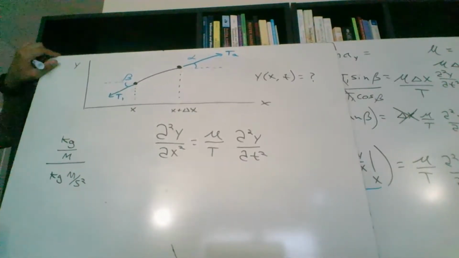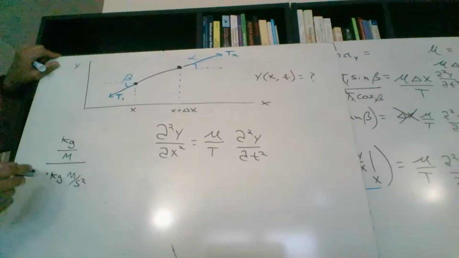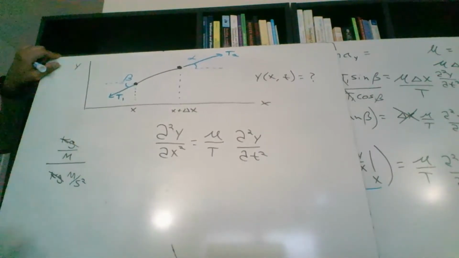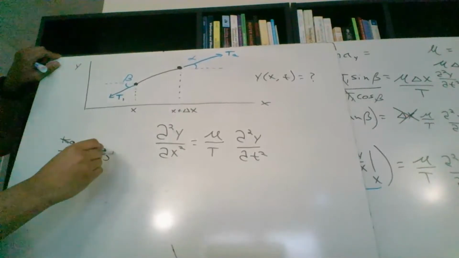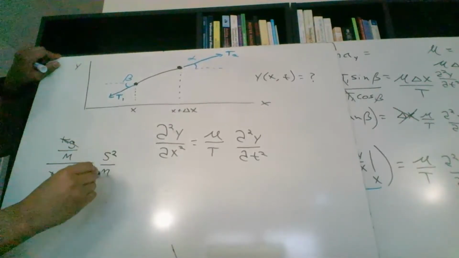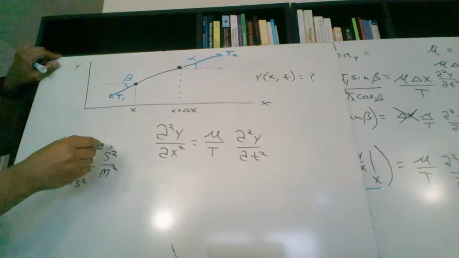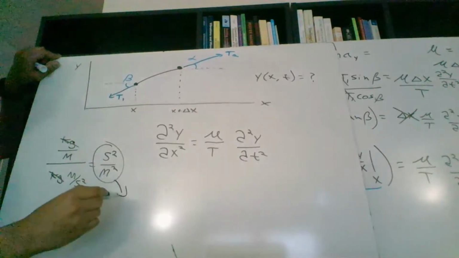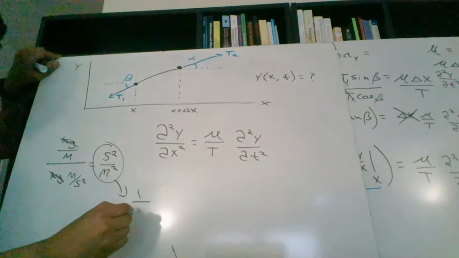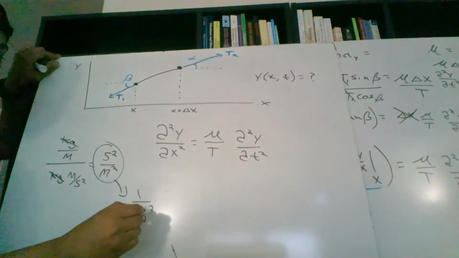So the kilograms cancel out, and the seconds squared goes on top. You have seconds squared over meters squared. And what's this? Seconds squared over meters squared is 1 divided by the velocity squared.